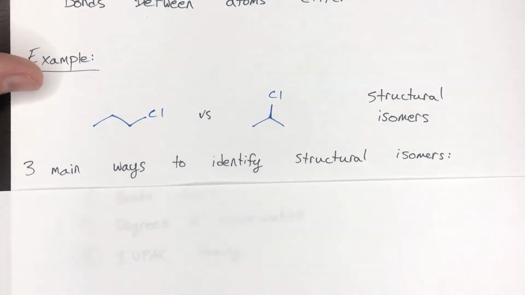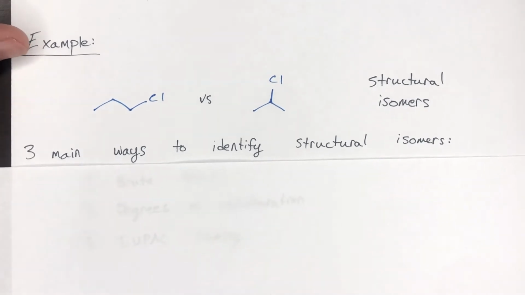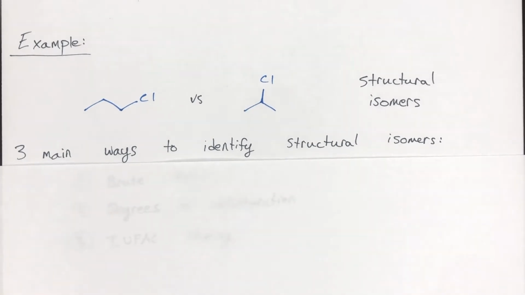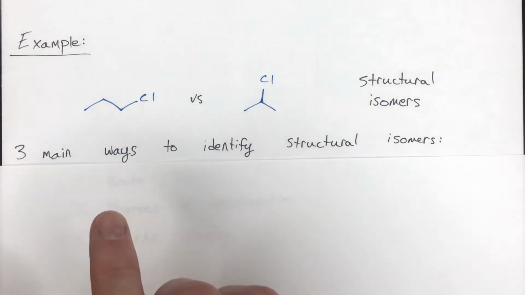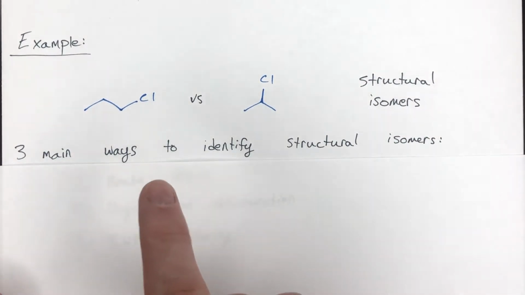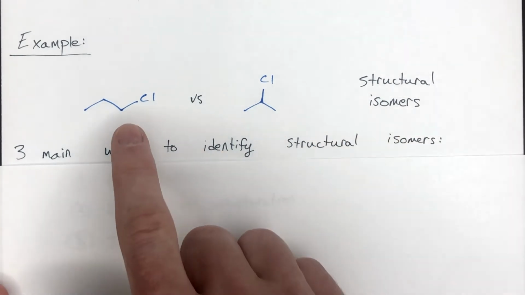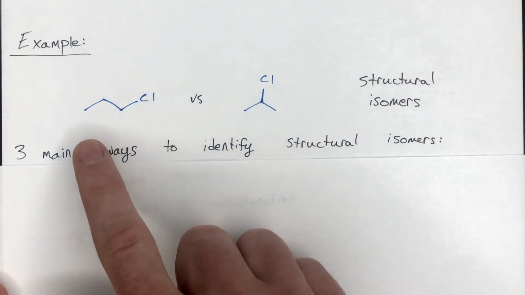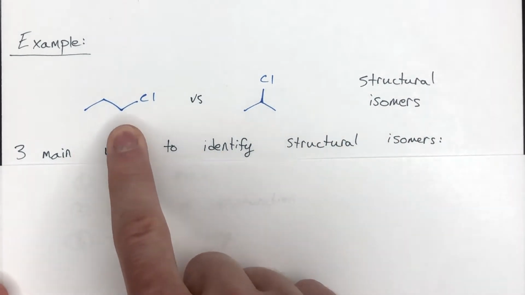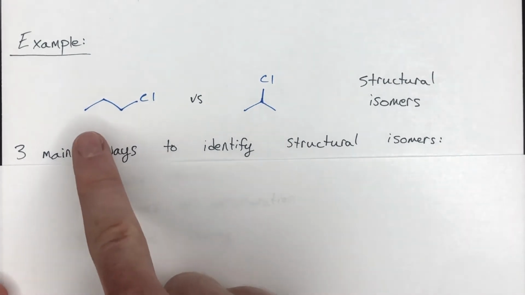So here's the example that I was just referring to. First of all, they must have the same molecular formula. There's three main ways to count that and to determine that, and I'll go through each one of those. But for now, I'm just going to say they have the same molecular formula, and we know they're structural isomers because the chlorine is bound at a different carbon. Here it's bound at 1, or this position here, if you count left to right, it would be 3.